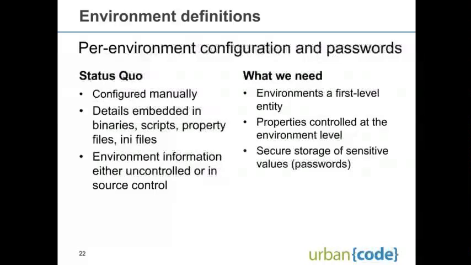What we really want to do is have a formal definition of an environment and really say, okay, in this environment, the database password is secret. In the production environment, the database password is some crazy string the length of my arm.